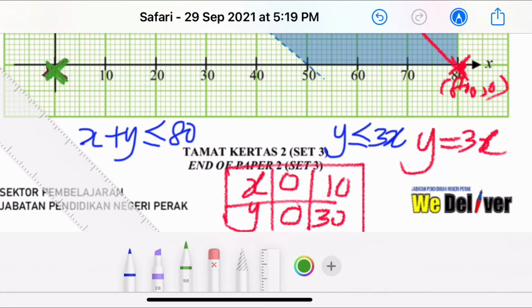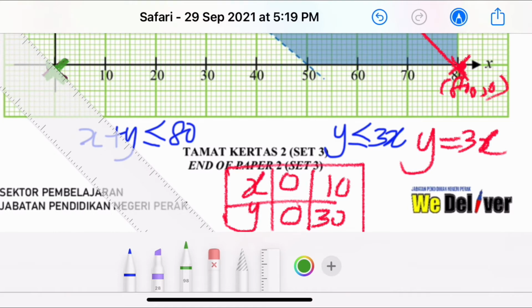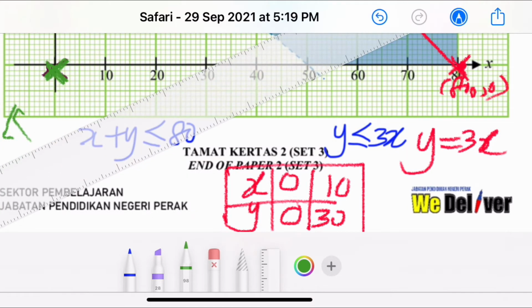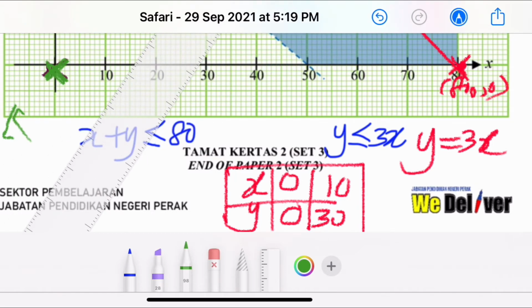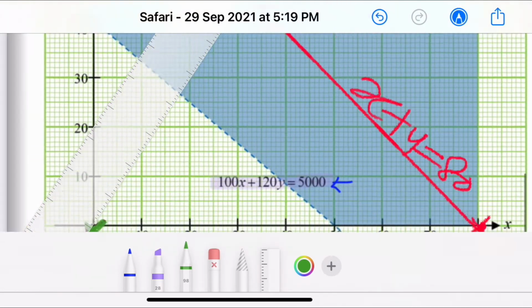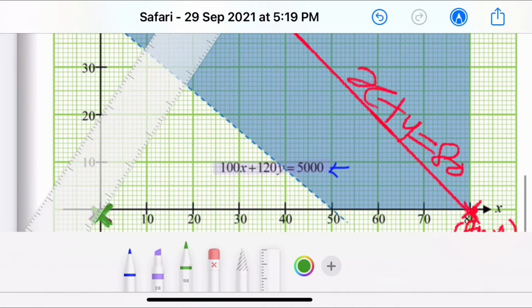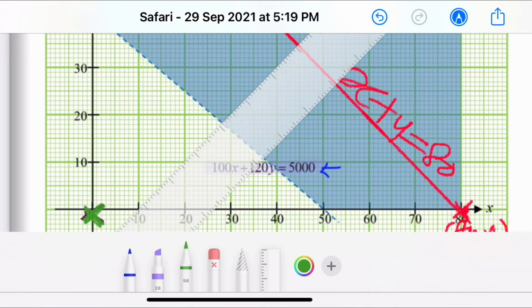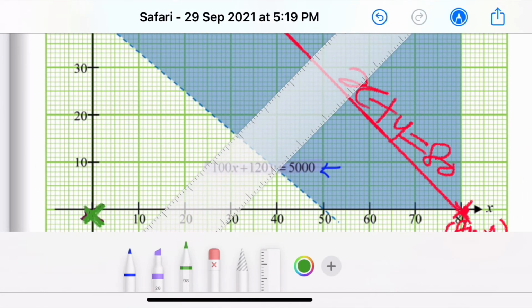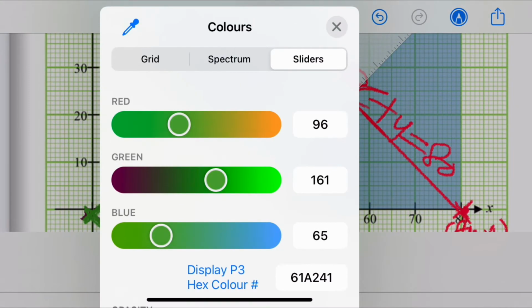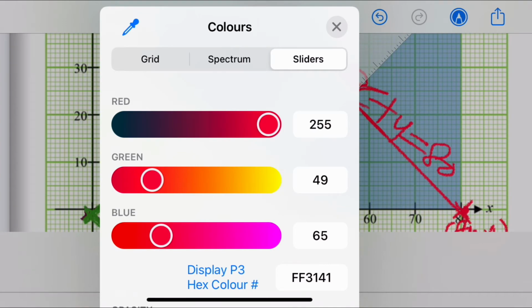Then I want to have the 10 and 30. Where is 10 and 30? Okay, 10 is here, and 10, 30 is here. This is a point. Is that clear? Let me change the color to a very striking color so that you can see.